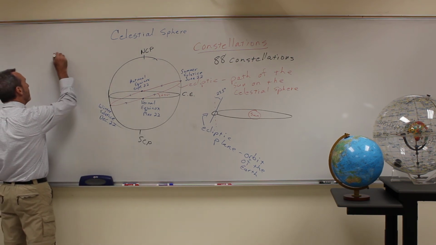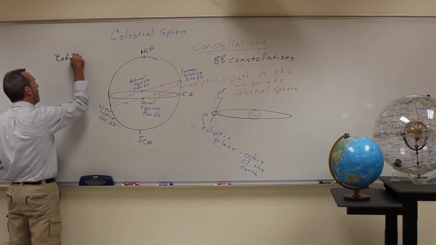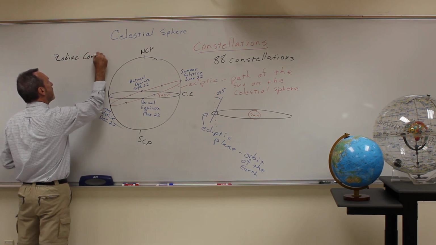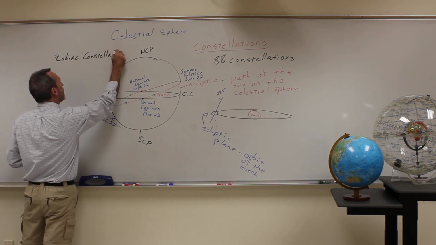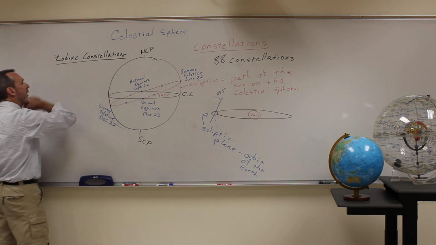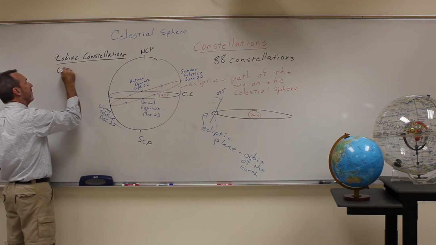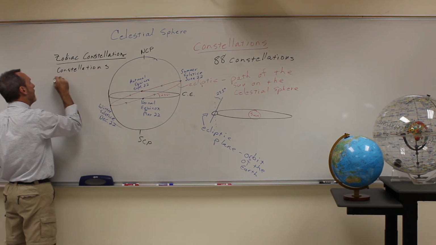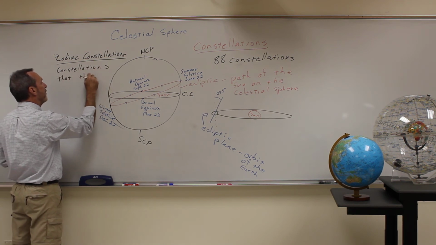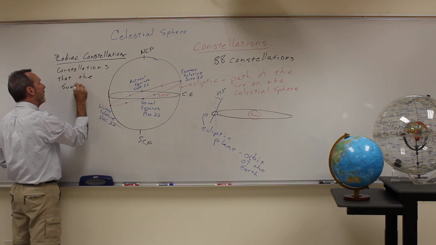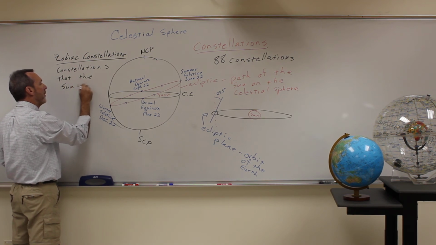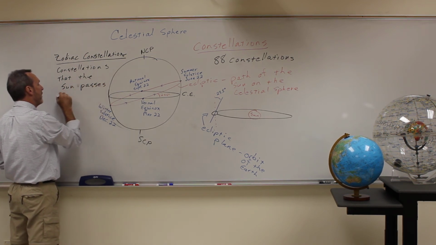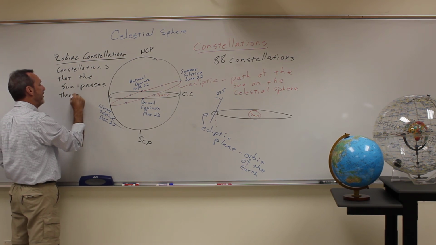We call them the zodiac constellations. These are the constellations that the sun passes through each year.